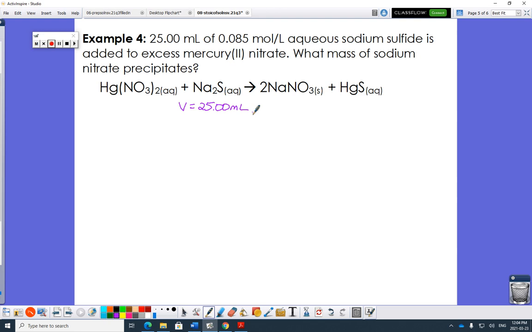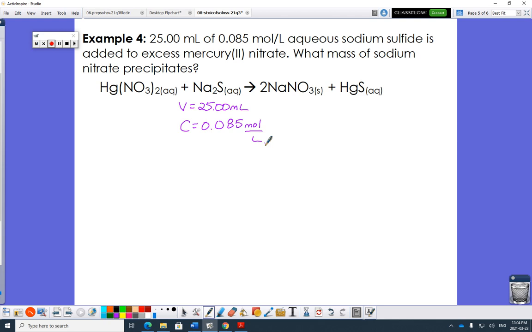And its concentration is 0.085. Is added to excess mercury nitrate. So again, if you want to challenge yourself, yes, there are questions with limiting reagent, but not in our homework listed there. What mass of sodium nitrate produces?